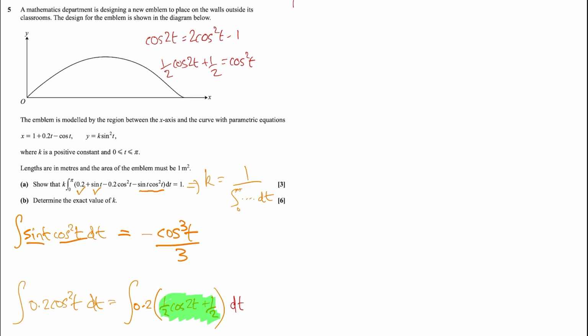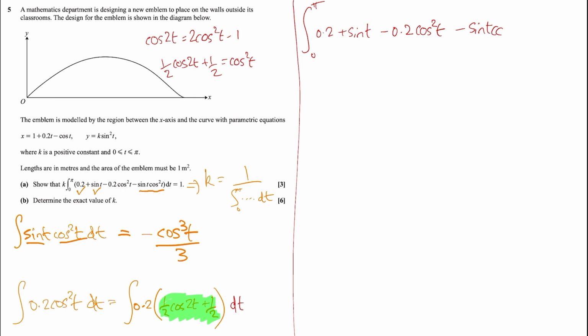So I think now we're ready to go ahead and give it a go. So the integral from 0 to pi of 0.2 plus sine t minus 0.2 cos squared t, and then minus sine t cos squared of t dt. So this is going to equal, in big round brackets, 0.2 goes to 0.2t, sine t goes to negative cos t.